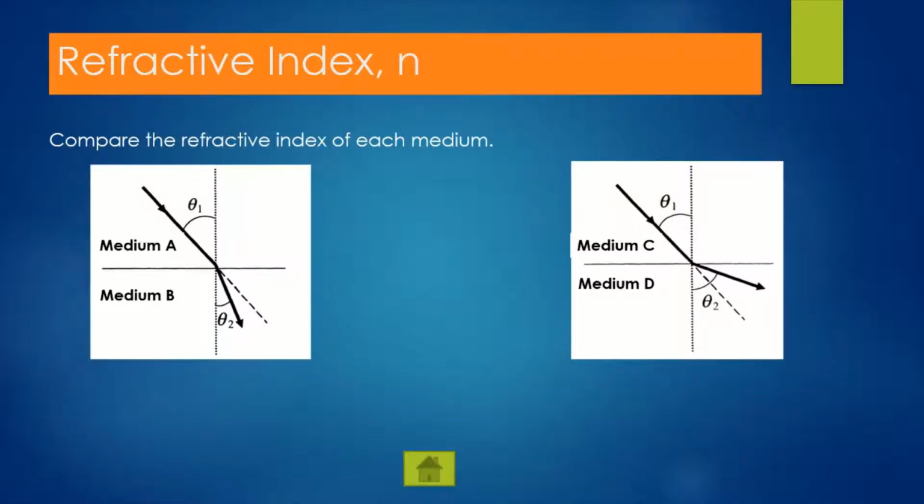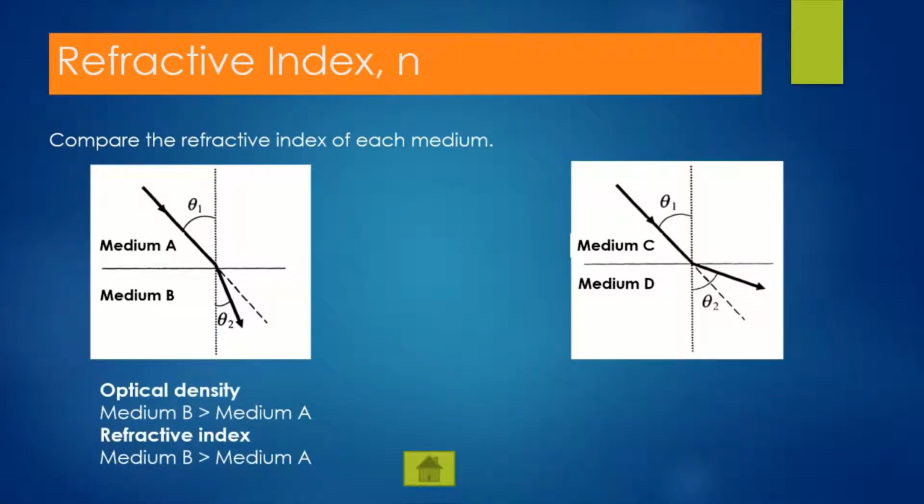So the optical density of B is higher than the optical density of A, and the refractive index of B will be higher than the refractive index of A. So optical density and refractive index are closely related to one another. When optical density increases, refractive index increases.